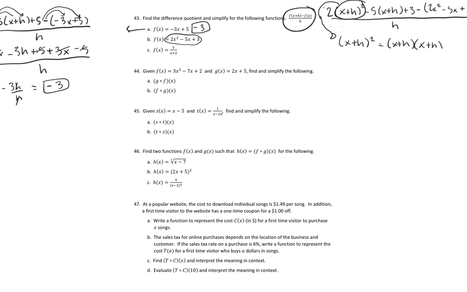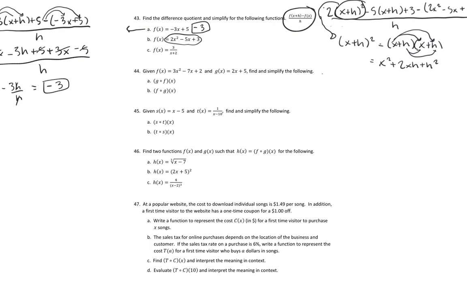And so if we do those operations, we have to distribute the x to the x, to the h, and then this h to the x, and then this h to the h. So if we do that, that's going to give us x squared plus 2xh plus h squared. And so then we can go ahead and plug that back into our difference quotient.